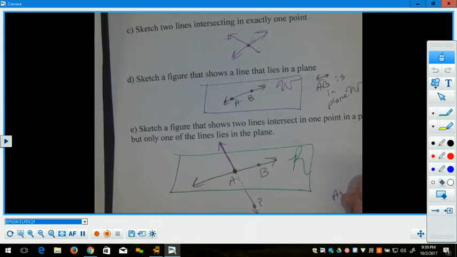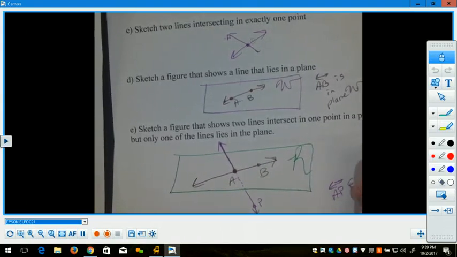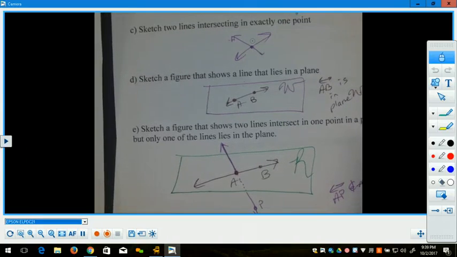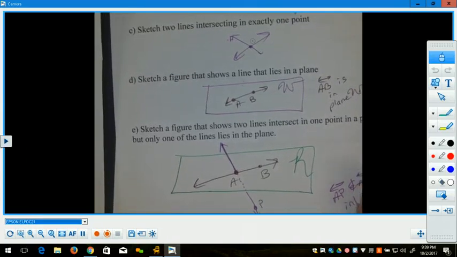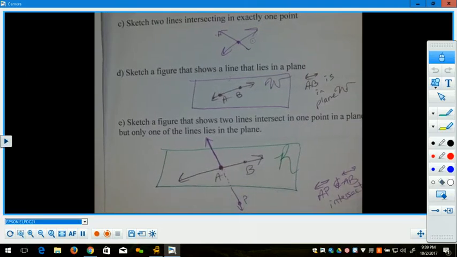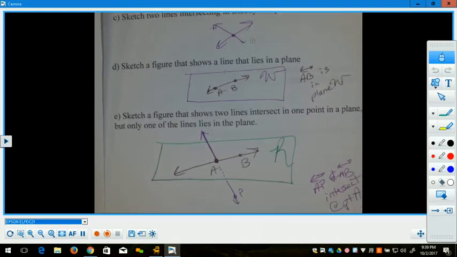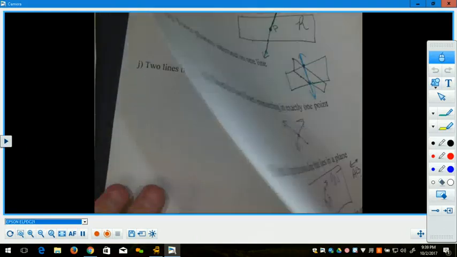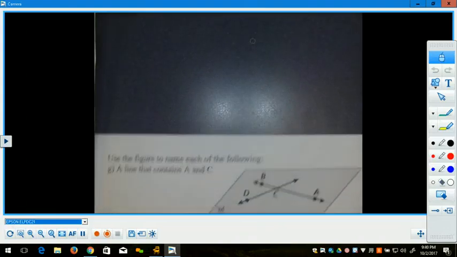So AP and AB intersect, but they intersect at point A. And A and B are on the plane, but P is not. So there's our sketch.